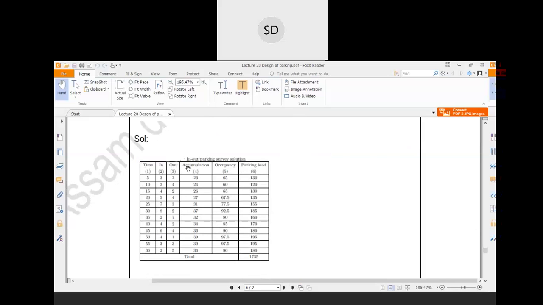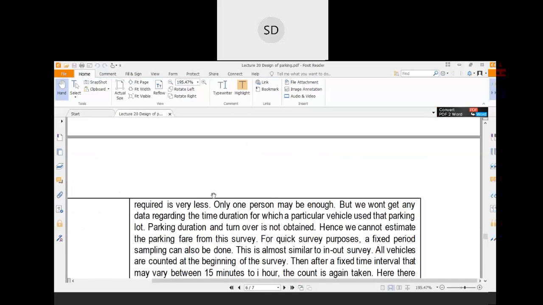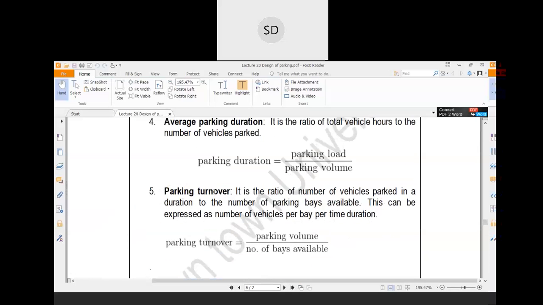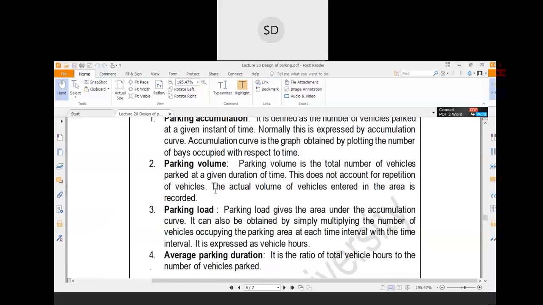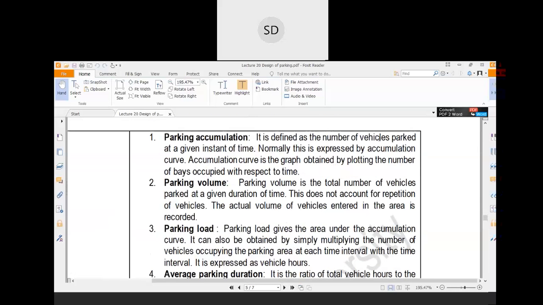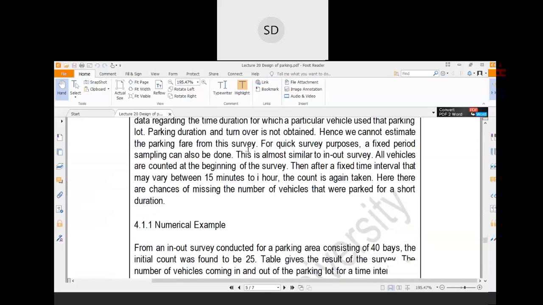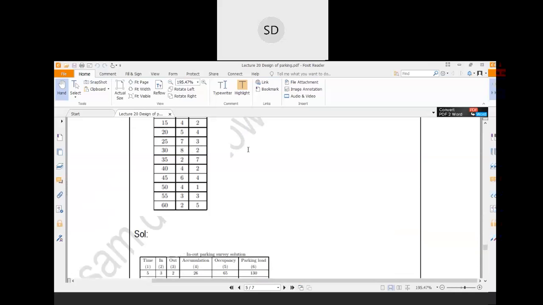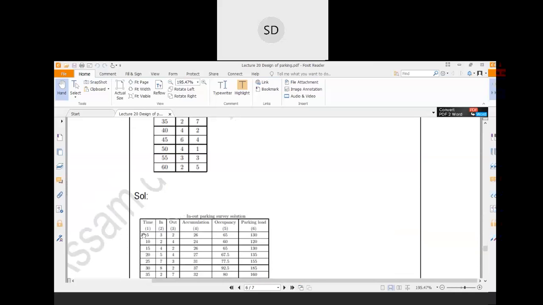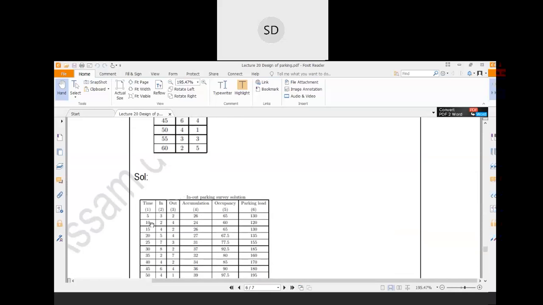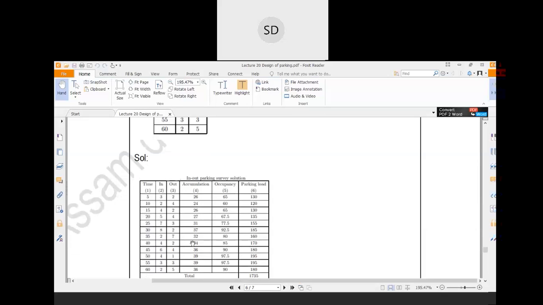So first is time, in, out. Now accumulation, you need to follow these formulas. What is the parking accumulation? The number of vehicles parked at a given instant of time. So at a given instant of time you need to find out the parking accumulation. Suppose for 5 minutes you have found that the accumulation is 26, and there are different accumulations over that area which you have to mark.